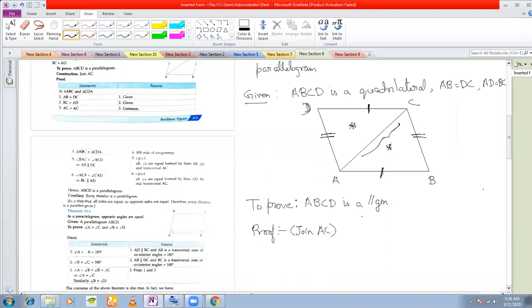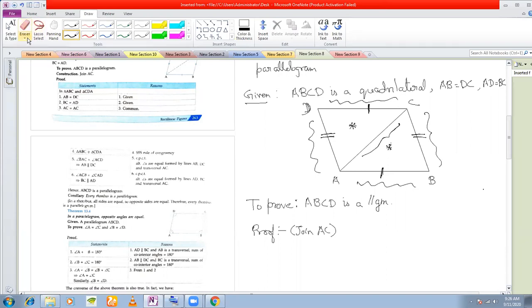So therefore, these two triangles are congruent by SSS axiom, side, side, side. Once I have proved the congruency of these two triangles, I want to show that this is a parallelogram. In order to show that, I just want to show that this side is parallel to this side, and this side is parallel to this side.